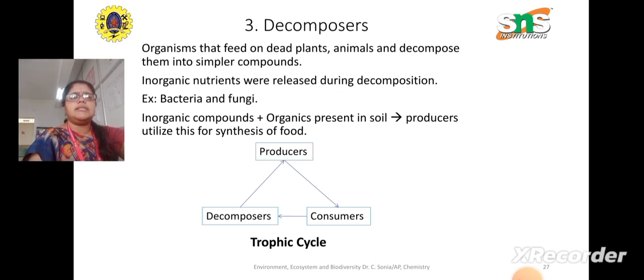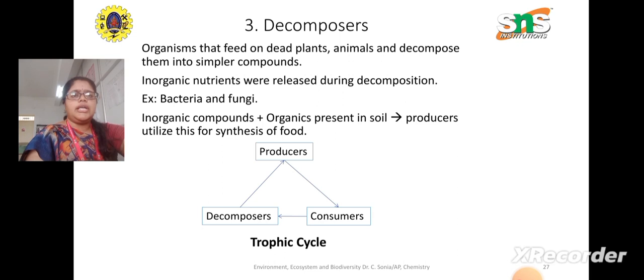Next come the decomposers. These are organisms that feed on dead plants and animals and decompose them into simpler compounds. Inorganic nutrients are released during decomposition. Examples are bacteria and fungi, the microorganisms responsible for decomposition. The decomposed matter is converted into nutrients for the plants after a certain period of time.